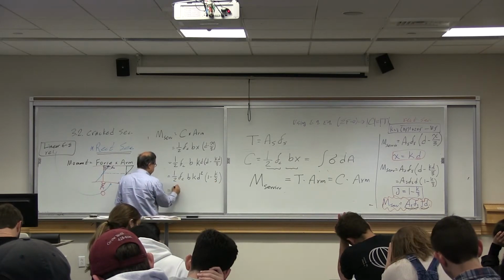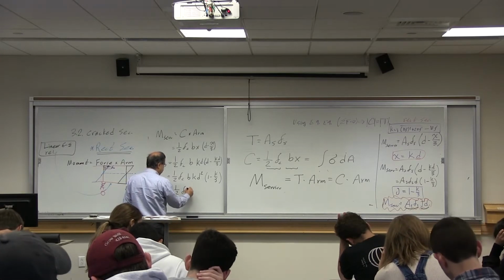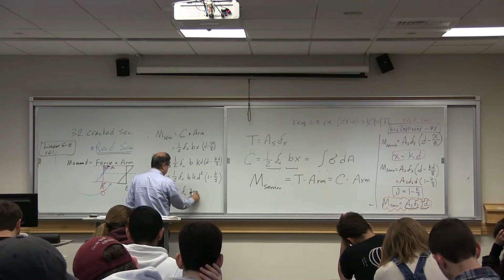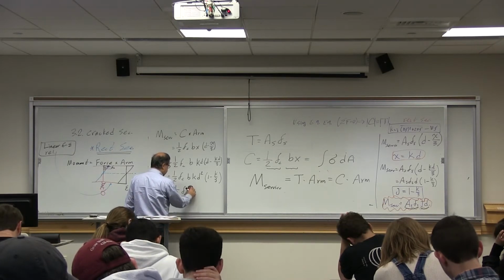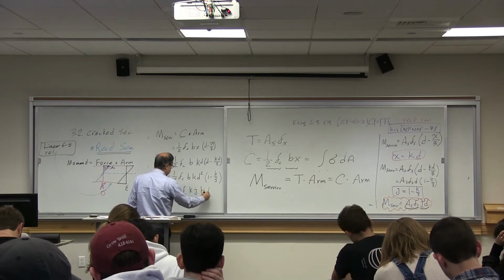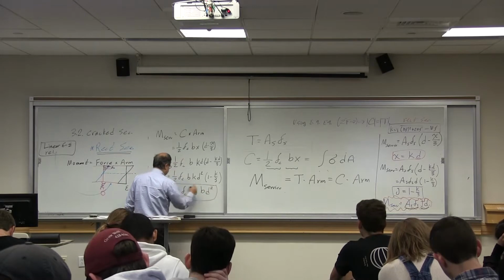It's equal to 1/2 of fc k j b d squared.